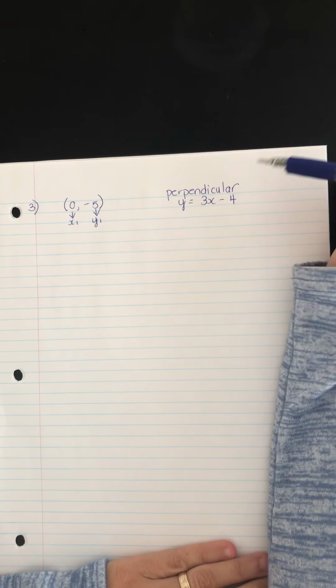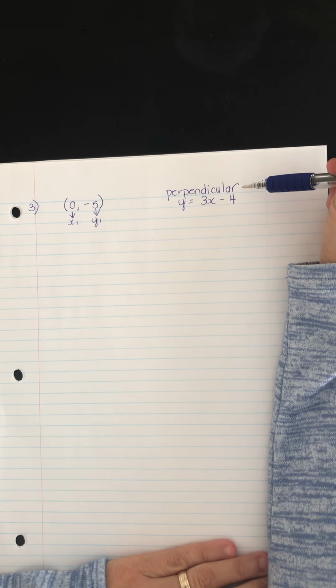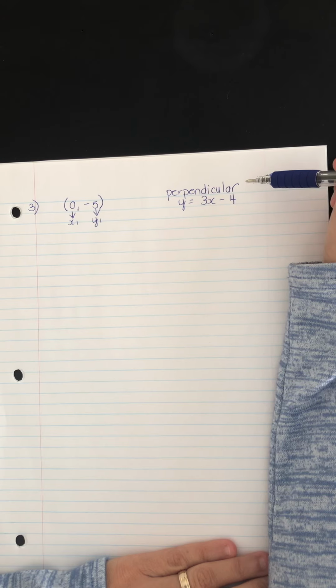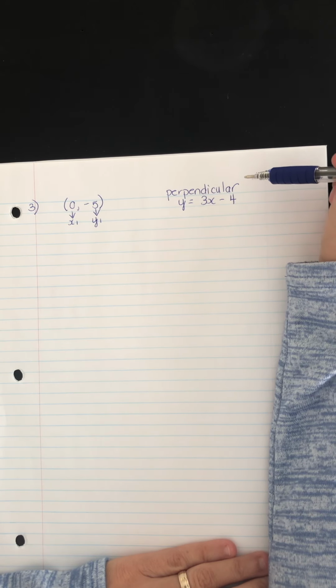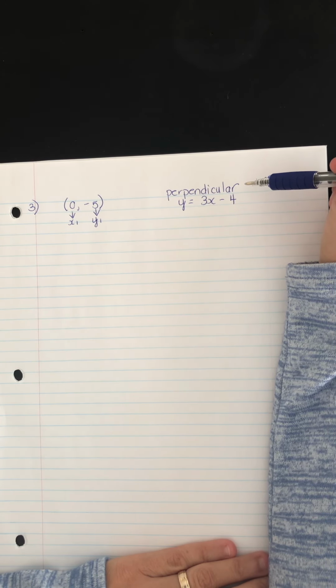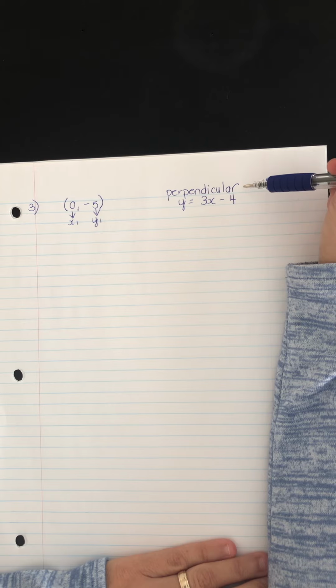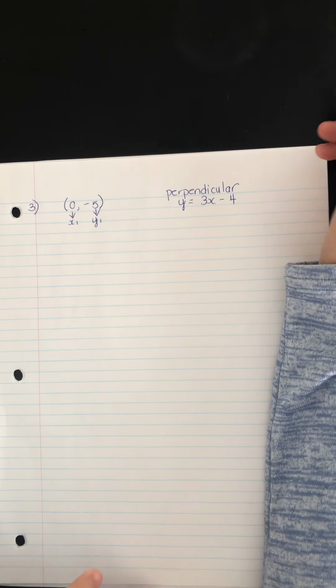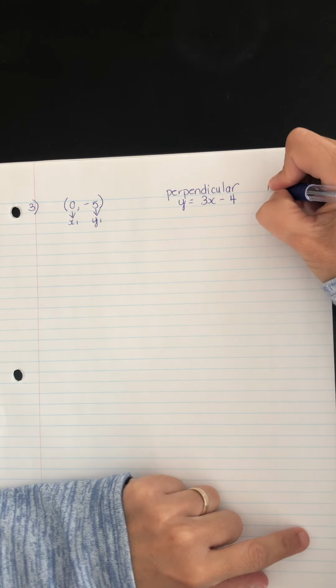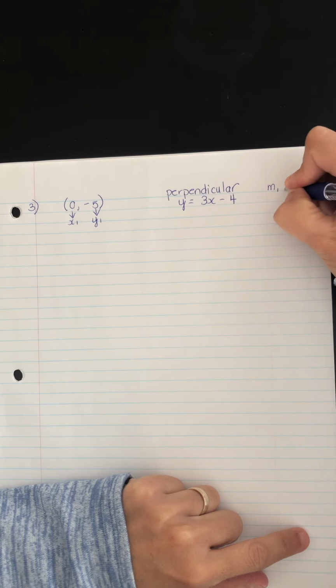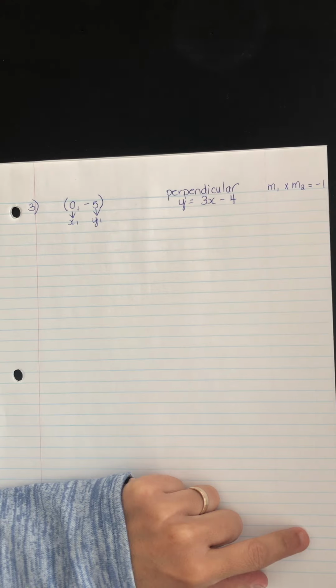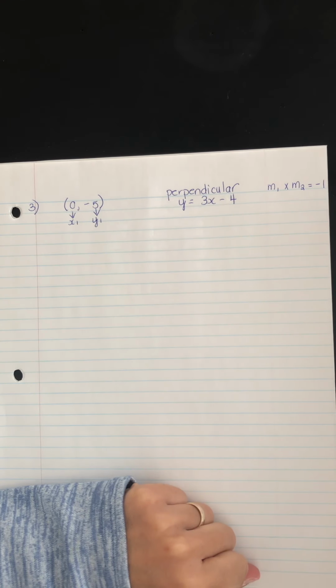Now we have to remember what we learned about perpendicular lines in our last lesson. If the lines are perpendicular, then the product of their slopes is equal to -1. So slope 1 multiplied by slope 2 is -1 if line 1 and line 2 are perpendicular.